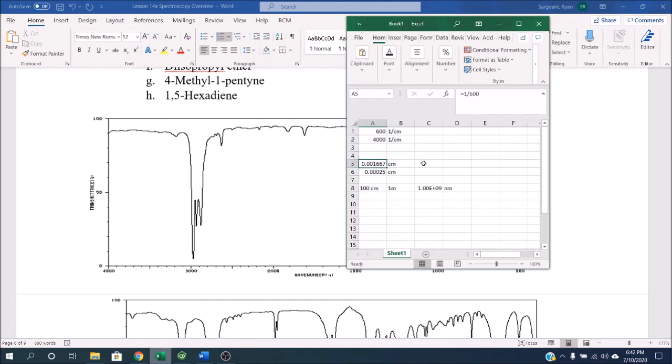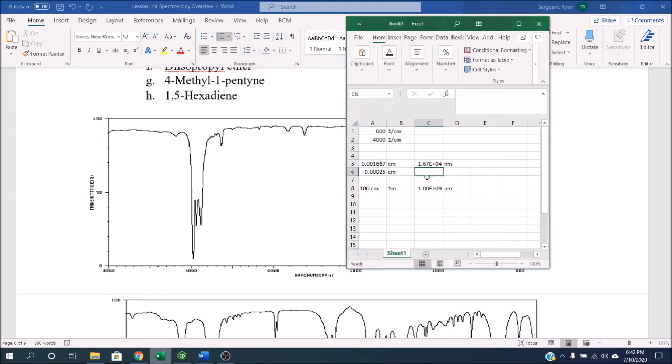So I take this numerical value, multiply it by 10 to the 9th nanometers and divide it by 100 centimeters, then centimeters cancel out and that leaves me with units of nanometers. This is the upper end, the longest possible wavelength.